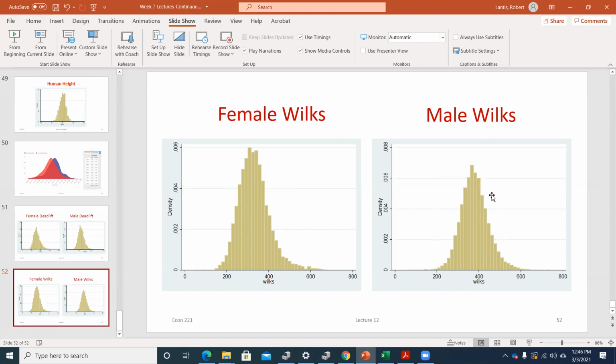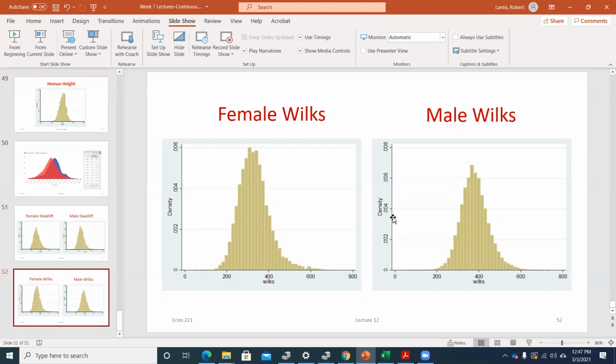The male distribution here is like a perfect normal, maybe a little bit of skew on the female one, but really close to normal distributions. But notice if I look for the mean now, it's around 300, 350, maybe high 300s. And over here for the men, it's in the high 300s, right? So you actually get that per pound. There's not a lot of difference in strength between males and females by using that Wilks measure where you divide by the weight.